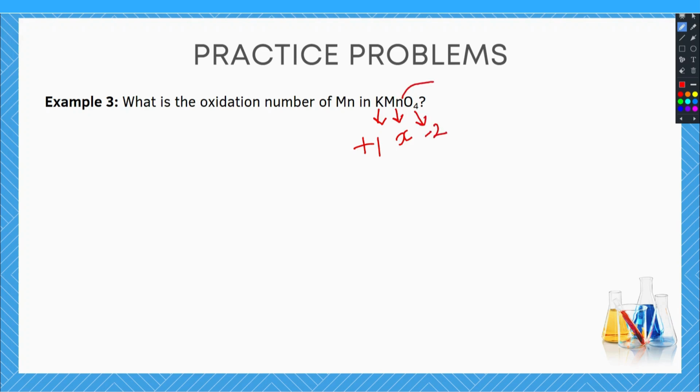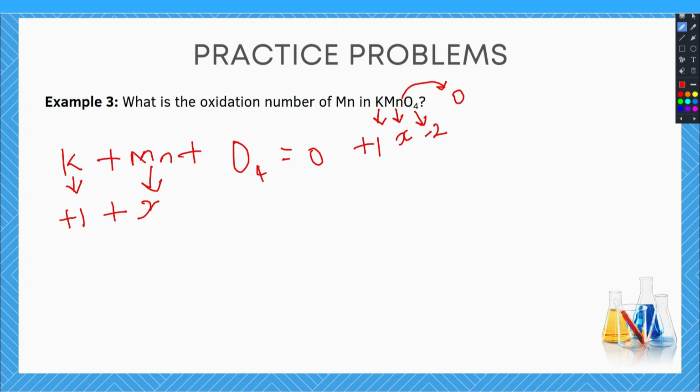Remember, the sum of all oxidation numbers in a compound must be equal to 0. So let's go ahead and find it. So that gives us K plus Mn plus O4 equal to 0. What is K? K is +1. What is Mn?